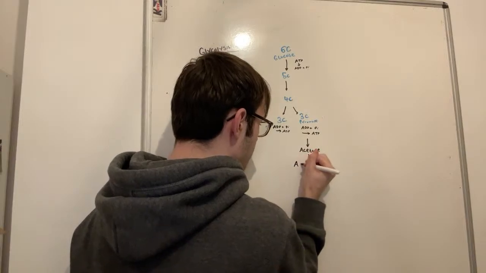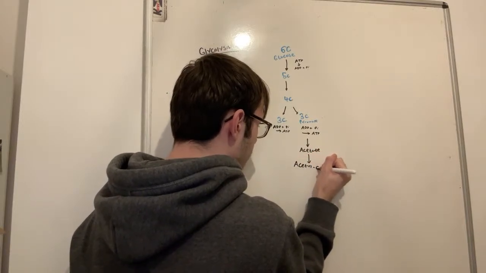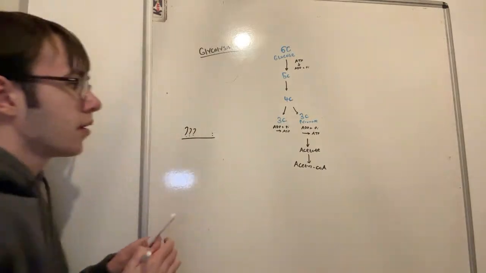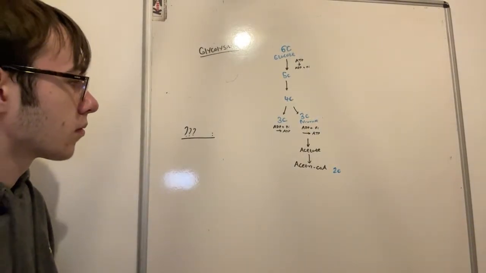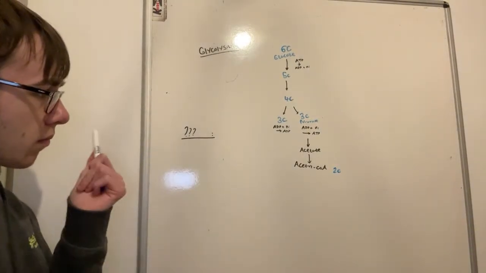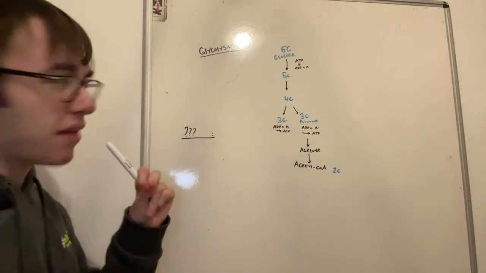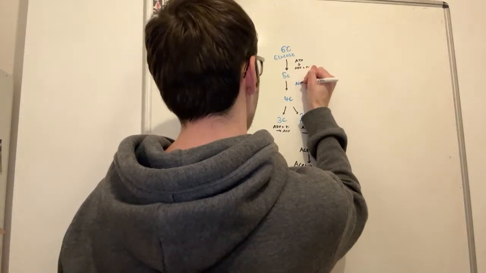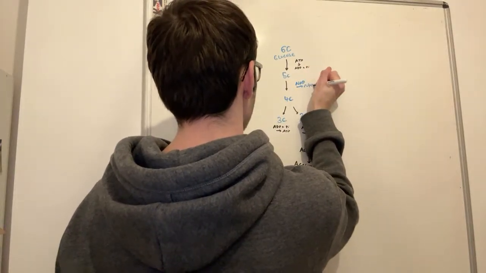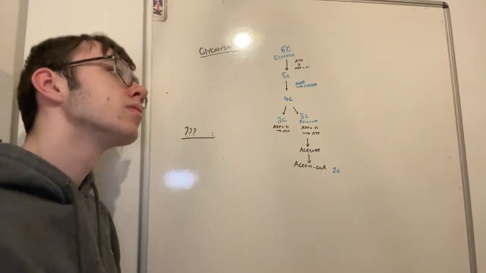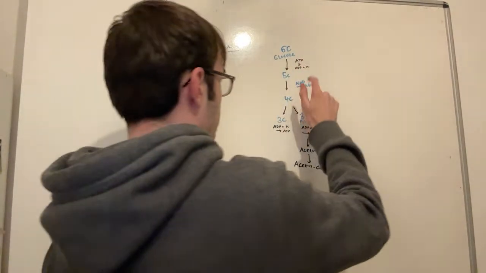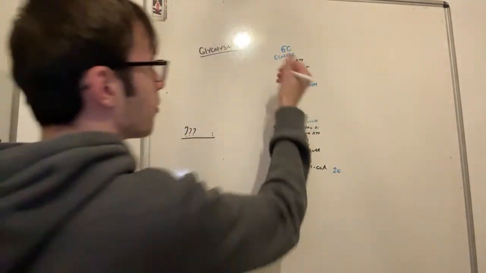And it becomes acetyl coenzyme A. Which again, I think is a 2-carbon compound. And at this point, I think there is a NAD converted to an NADH, which is oxidation? Reduced NAD. It's reduced. Because it's... Oh, oxidized. Okay.